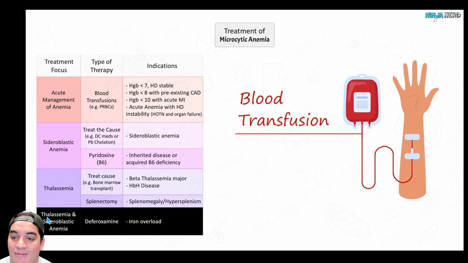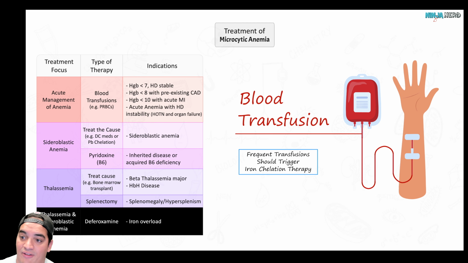Thalassemia patients have severe anemia and oftentimes require frequent blood transfusions. So if a patient has sideroblastic anemia or thalassemia and they get a blood transfusion, or any cause where they're getting frequent transfusions, when you give blood, you give hemoglobin. When you give hemoglobin, you give iron. When you give iron, you can cause iron toxicity, and that can lead to this hemochromatosis picture.